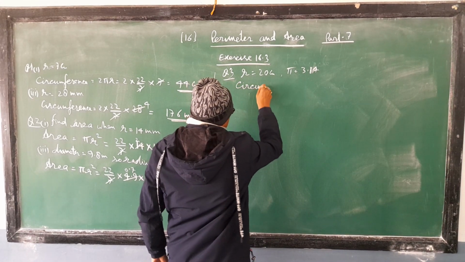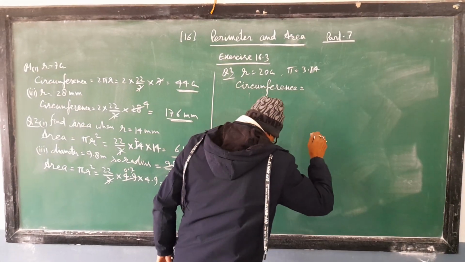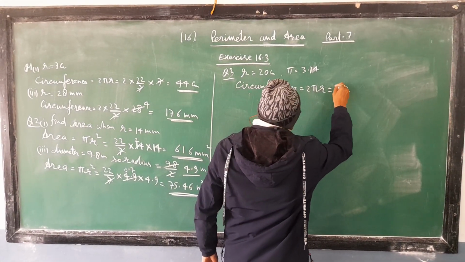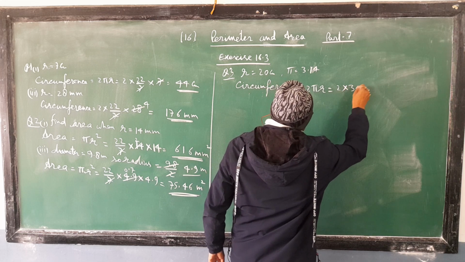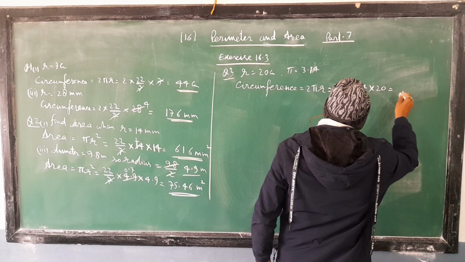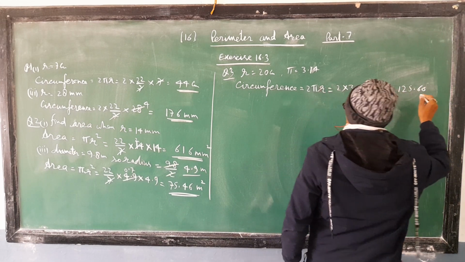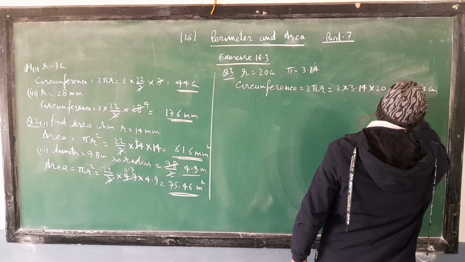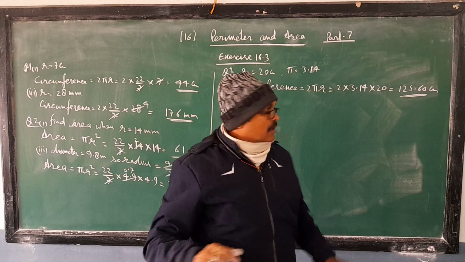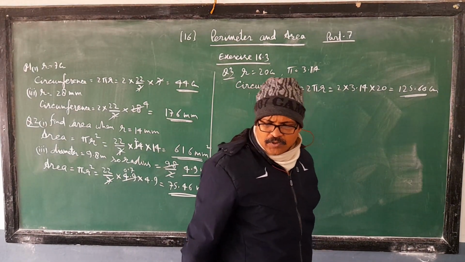Circumference is equal to 2 pi r, which is 2 into 3.14 into 20. You multiply, you get 125.60 centimeter.